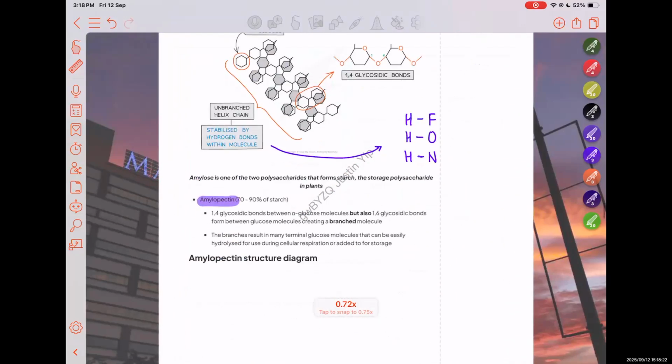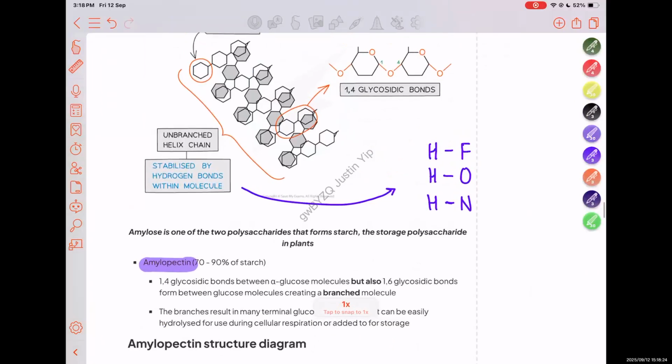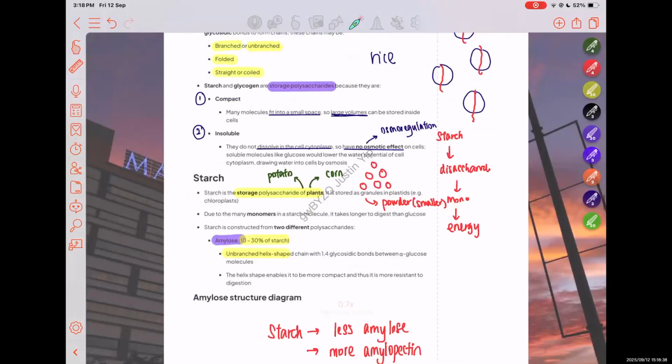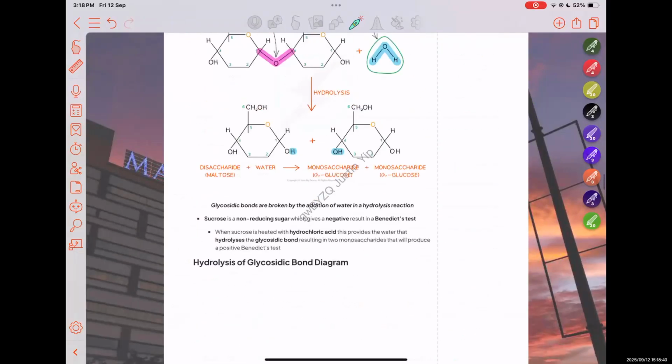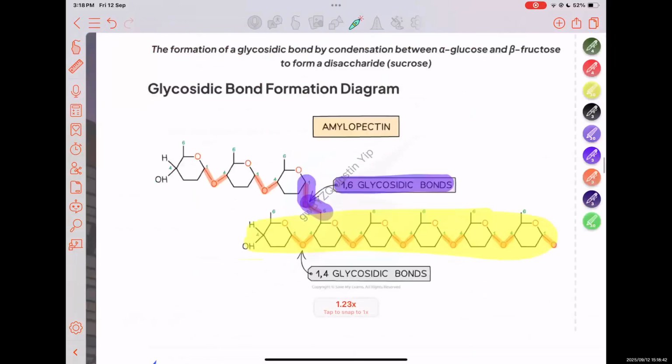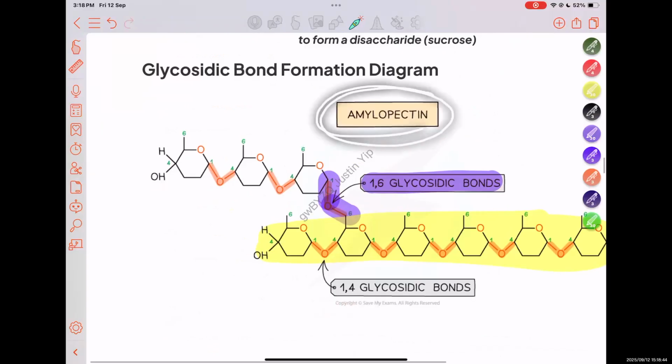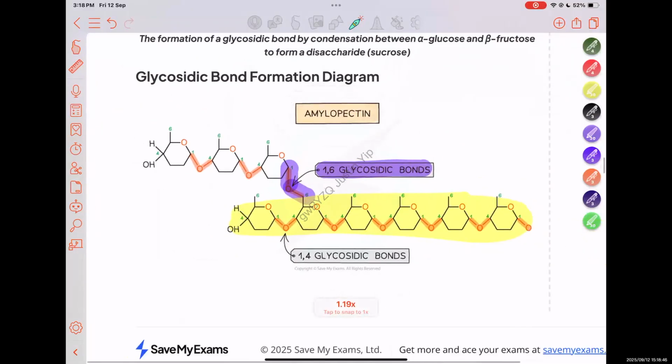So what is amylopectin? Amylopectin also has 1,4 glycosidic bonds, but it will have 1,6 glycosidic bonds, creating a branched molecule. Remember or not? I go back here. This one, amylopectin. Just now we had one straight chain, right?